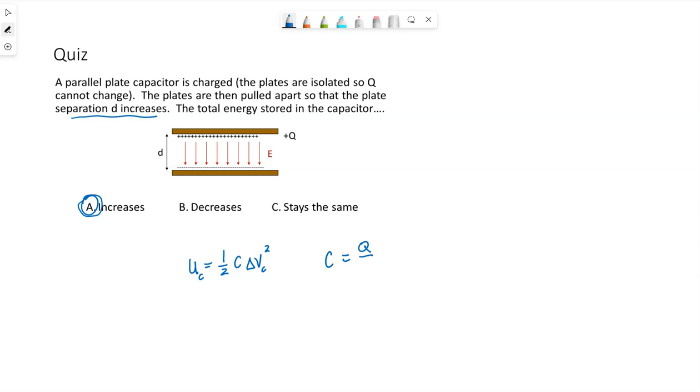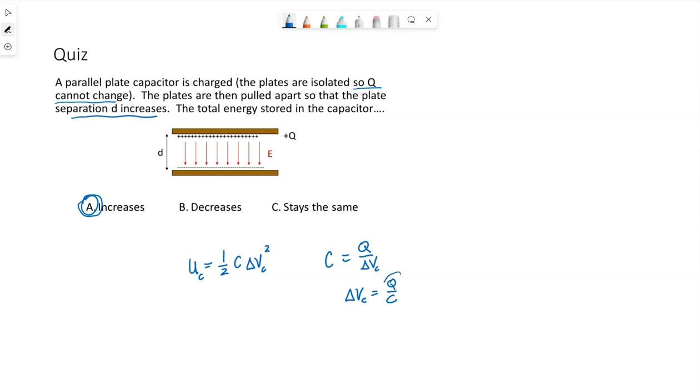And so if capacitance changes, then either charge or potential difference, or even both, must change as well. In this particular question, they're telling me that Q is not going to change. It cannot change. So what I'm going to do is I'm going to say delta V is Q over C.